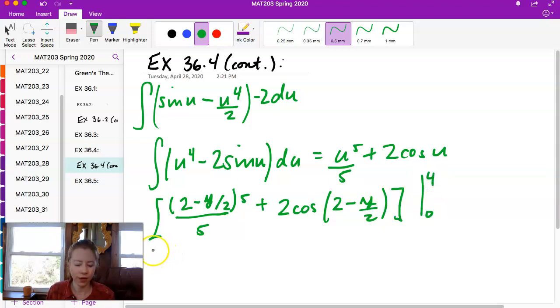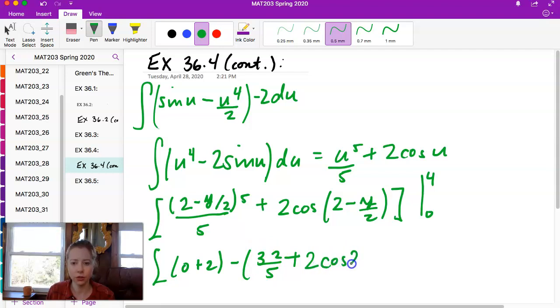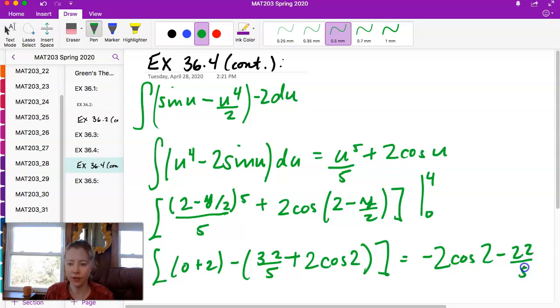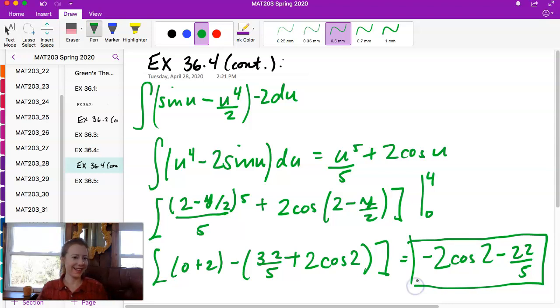And so evaluating, we get 0 plus 2 minus 32 over 5 plus 2 cosine 2, which is going to give us minus 2 cosine 2 minus 22 over 5. Okay, so that is it with that one.